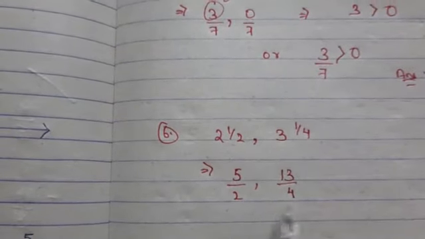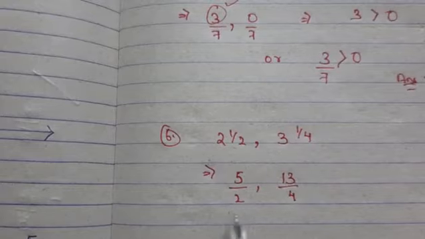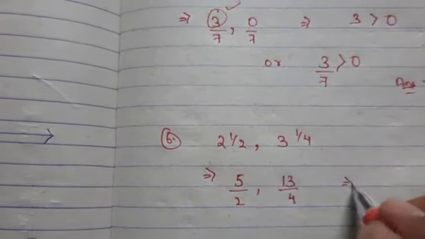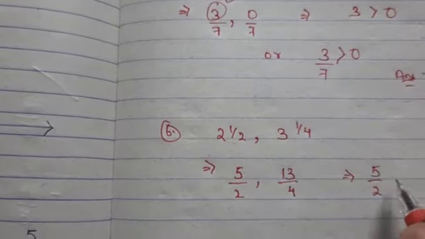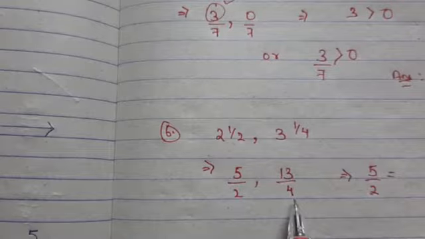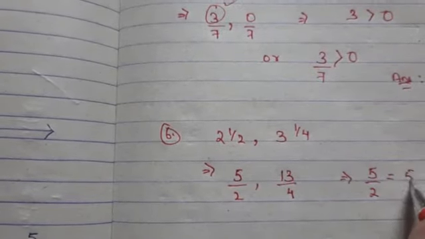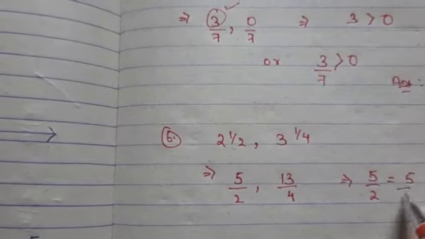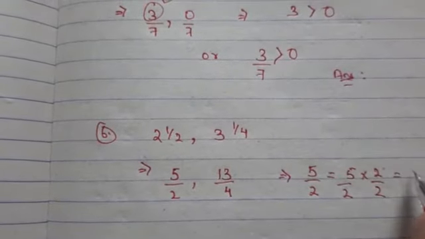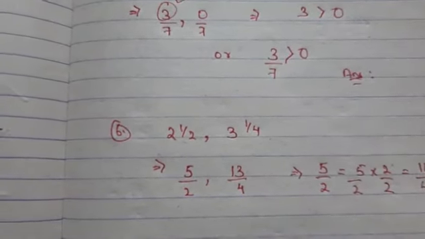Now here the denominators are not the same. First make the denominator the same in order to compare which one is greater or smaller. If we take 5 by 2, 2 into 2 will be 4, equal to the second rational number. So we write 5 upon 2 into 2 upon 2, that will be 10 upon 4.